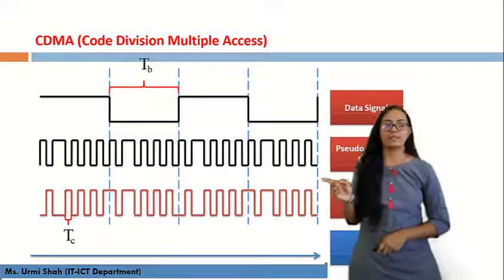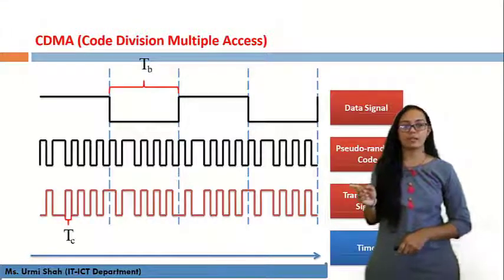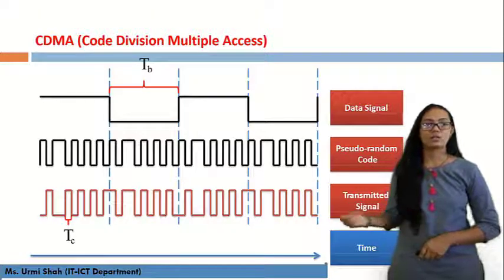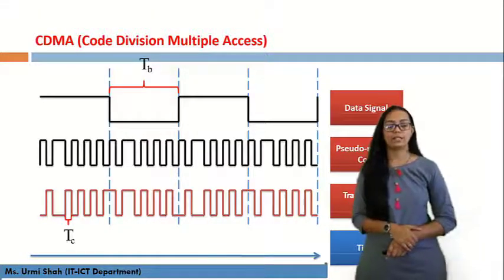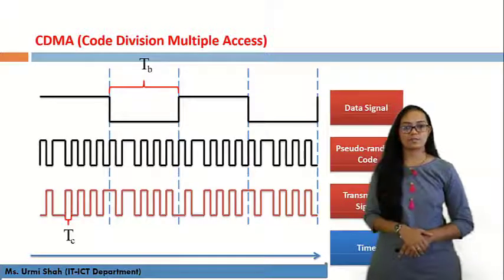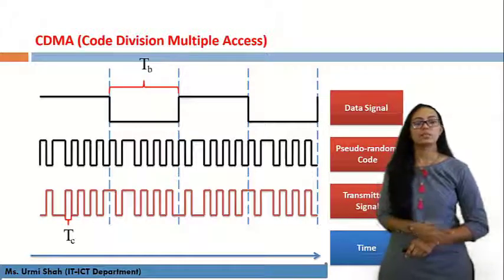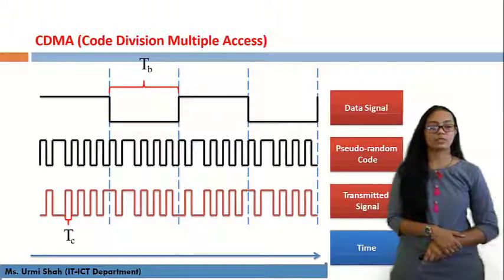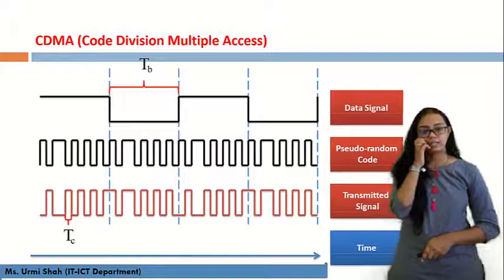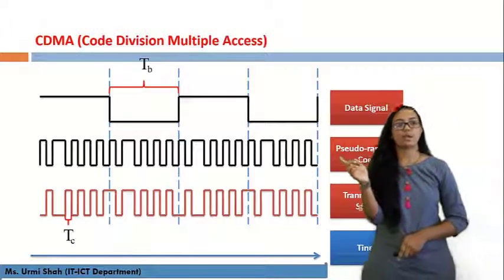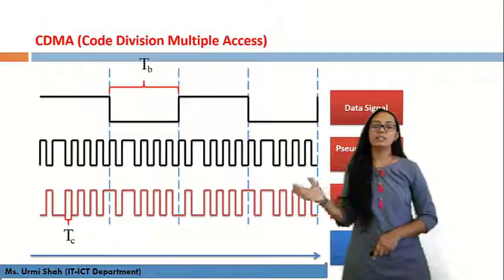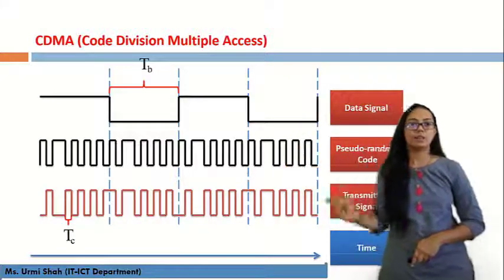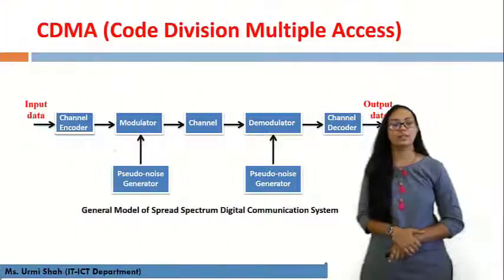The second step is to perform XORing of the pseudo-random code and your data signal so that you can achieve the transmitted signal. This you need to transmit for further transmission module. So firstly we take the input data signal, then generate the pseudo-random code, and finally perform XORing of the data signal and pseudo-random signal to have our transmitted signal.